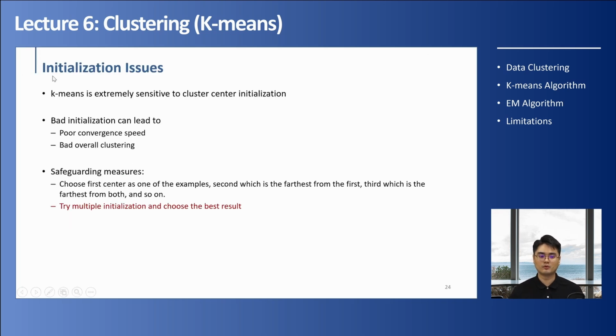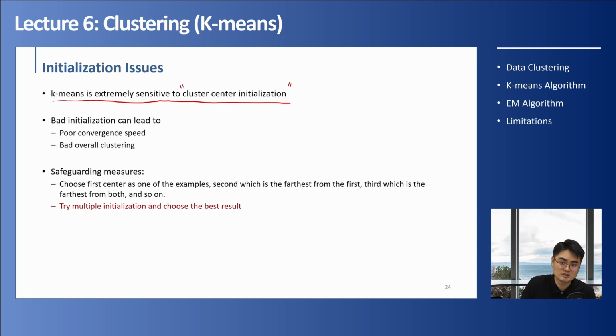So as I told you before, k-means clustering has some initialization issues. This is because k-means clustering is extremely sensitive to cluster center initialization. Depending on the initialization you do, you may get different results.